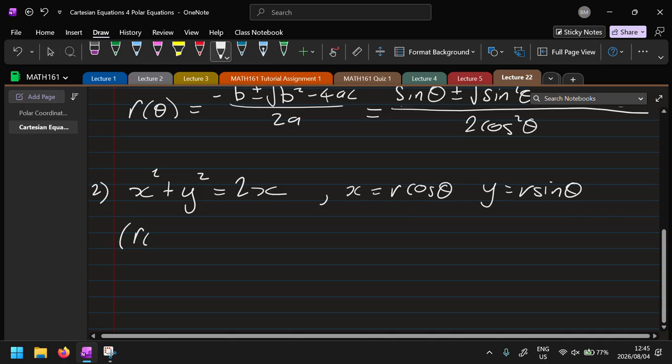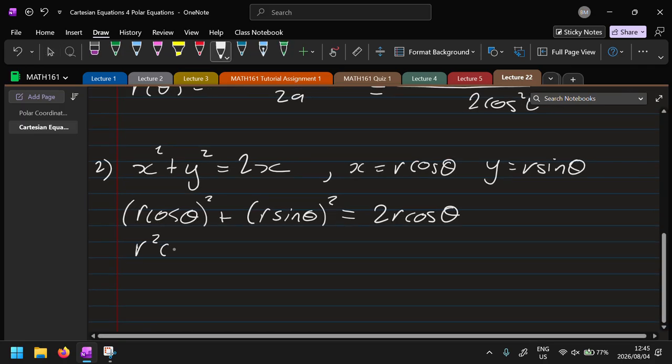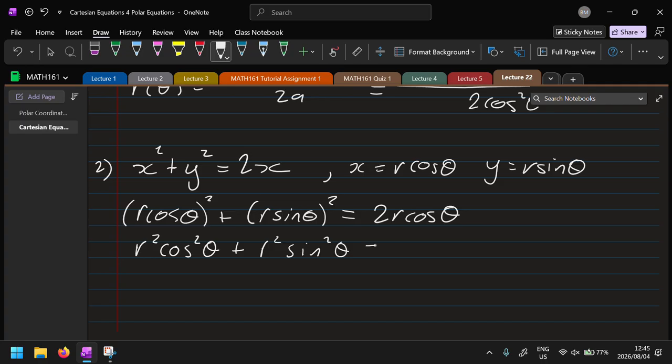So x, that will be r cos theta squared. And then y, that will be r sine theta squared. And then 2x, that will be 2r cos theta. Now we just expand out, simplify. So the first bracket there, that will be r squared cos squared. Second bracket, r squared sine squared. And then the 2r cos theta just stays there.